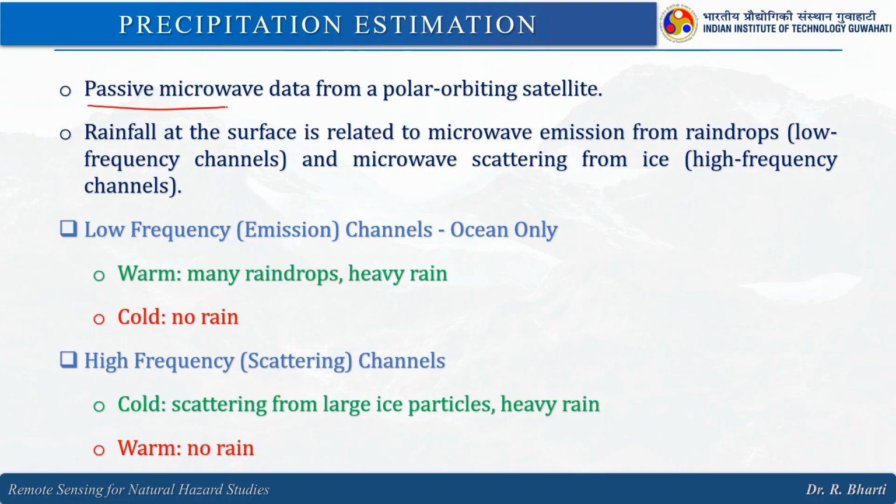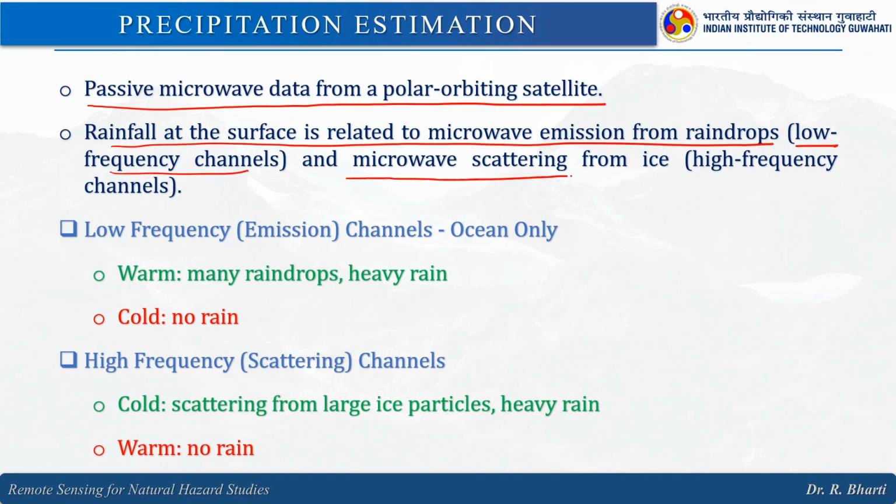Passive microwave data from polar orbiting satellites are very popular in precipitation estimation. Rainfall at the surface is related to microwave emission from raindrops. Low frequency channels are used for emission, and microwave scattering from ice is captured by high frequency channels, right. These concepts are utilized and then the meteorological parameters are estimated.